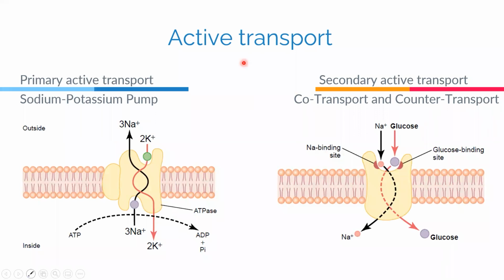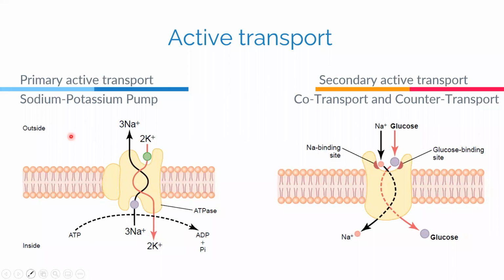Meaning, as we can see right here, active transport is essentially the transfer or transport of various molecules like potassium, which is present in higher concentration in the extracellular fluid, against its concentration gradient into the cell. Since this particular process acts against the concentration gradient, it requires energy in the form of ATP. Active transport can be divided into two halves: primary active transport and secondary active transport.